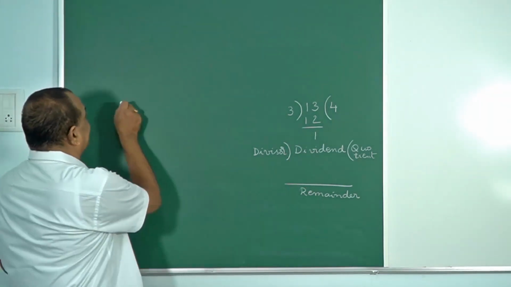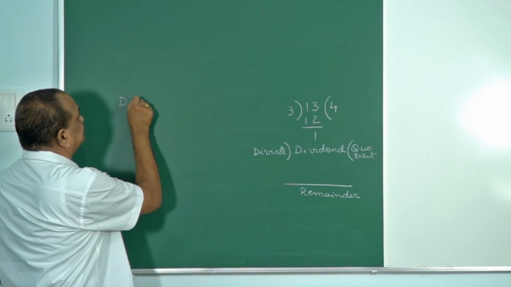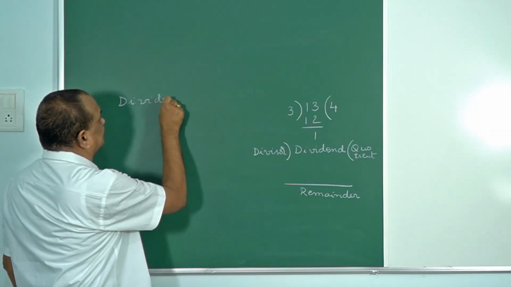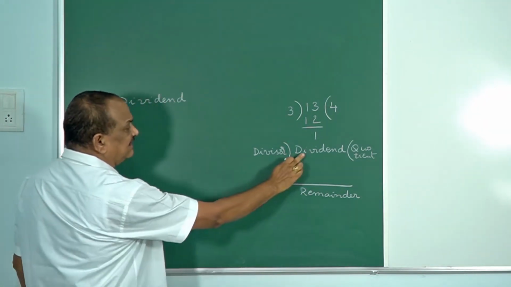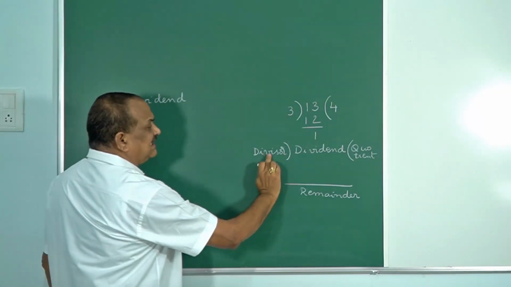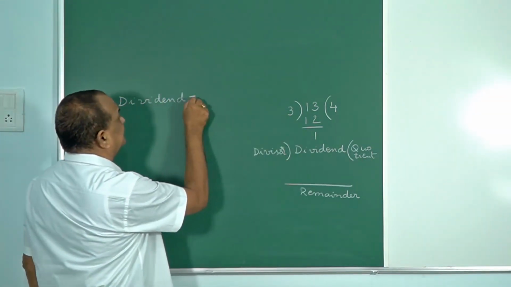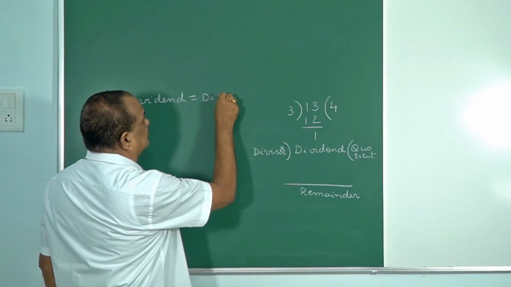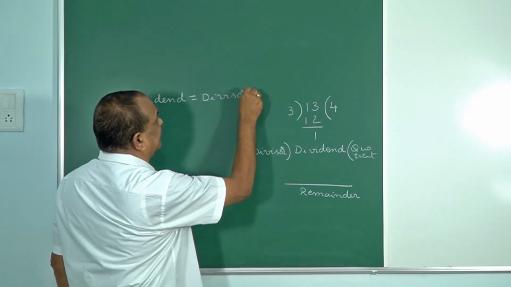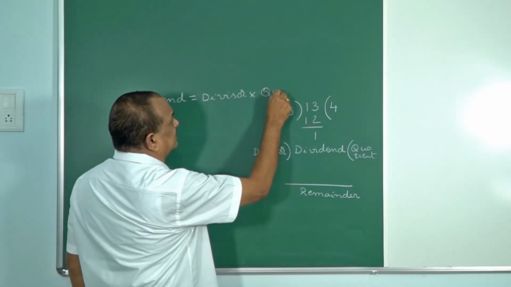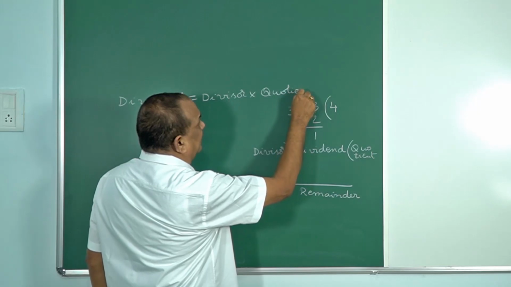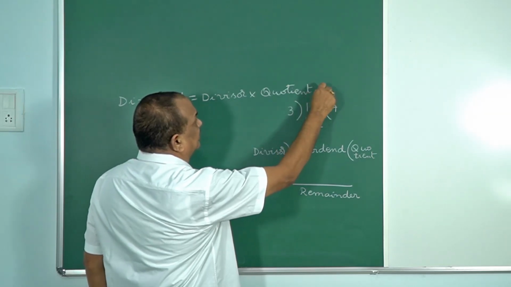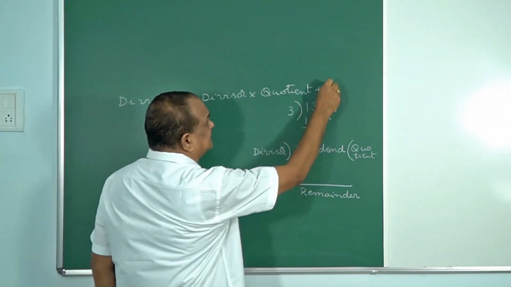So I write here: dividend is equal to divisor times quotient, and the remainder is added.